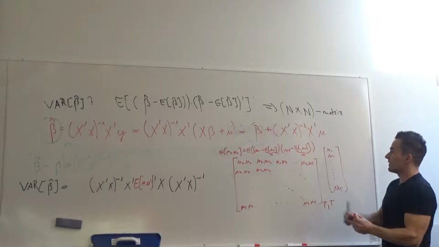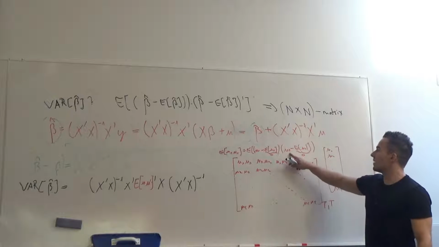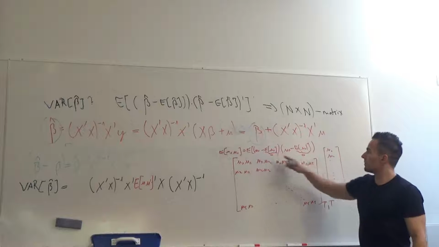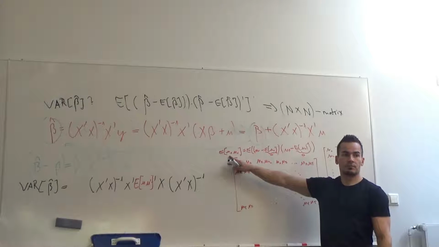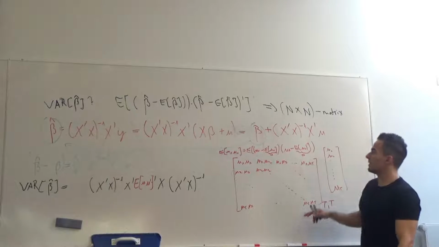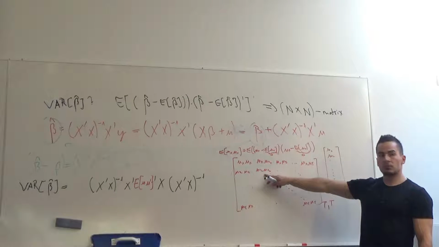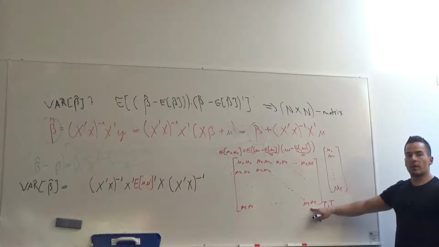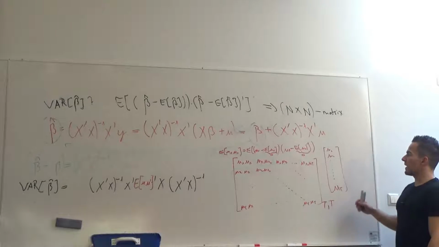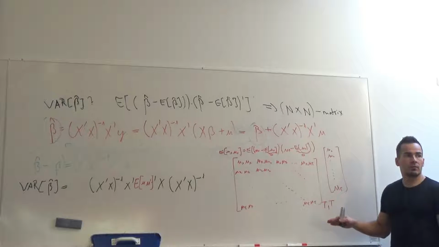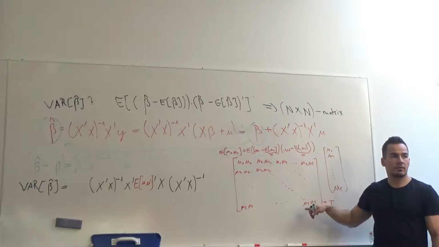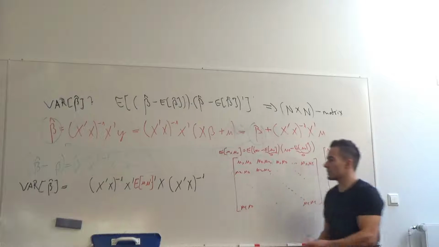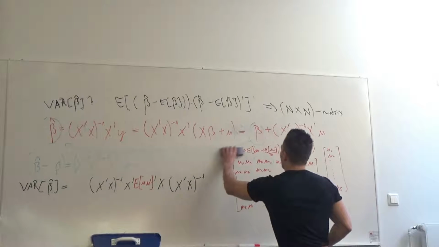What's remaining is the expectation of u1 times u1, and this is, according to our definition, the variance of u1. In the same manner, this is the variance of u2, and the last one on the main diagonal is the variance of uT. According to our OLS assumptions, the variance of all of these is the same. So every element on the main diagonal is sigma squared. We can rewrite it now, simplify it.